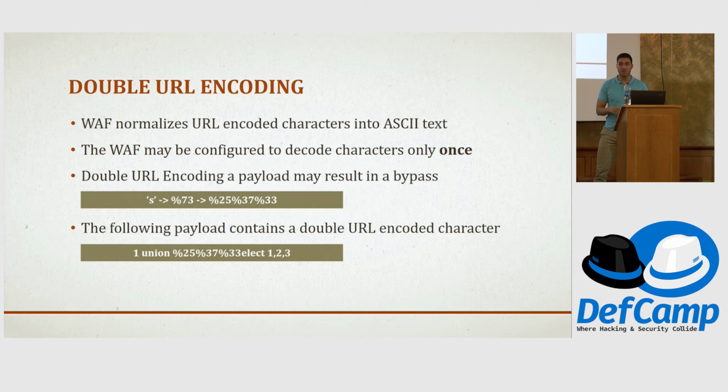And we URL encode this again and get %2573. We then craft our payload, which you can see on the bottom: 1 union and then our double URL encoded S, elect 1,2,3. Hopefully the WAF receives the request, decodes it once, and still sees %73, and says, okay, this payload is fine, I don't find it in my blacklist, so I can give it to the backend.